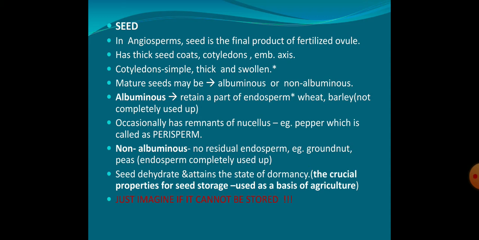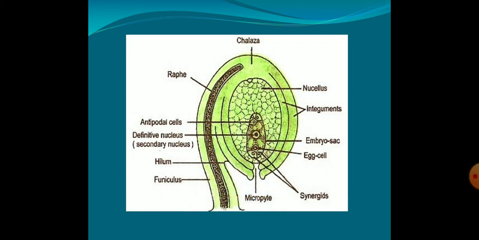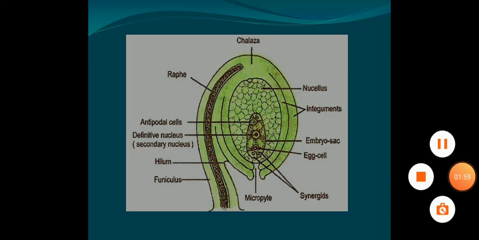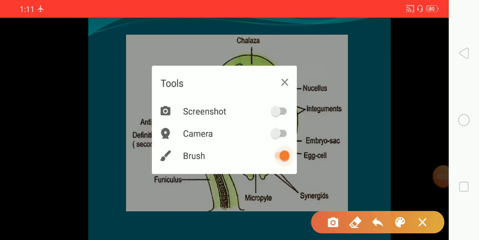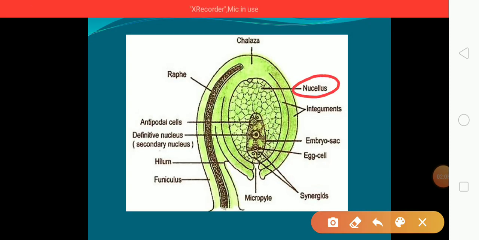Next is occasionally, in albuminous seeds, it will have some remnants of nucellus present. You all remember where is nucellus found? Just see this diagram here. You can see the nucellus, it is outside the embryo sac.